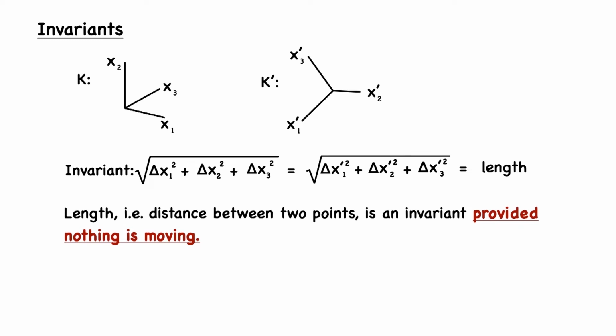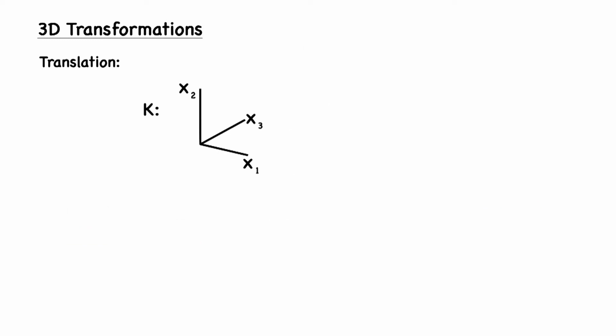So now we've defined what we mean by transformation between two 3D frames of reference, we need to understand the processes that make these happen. We can break them down into two parts, translations and rotations. Translations are simply straight line slides along the axes, like this.